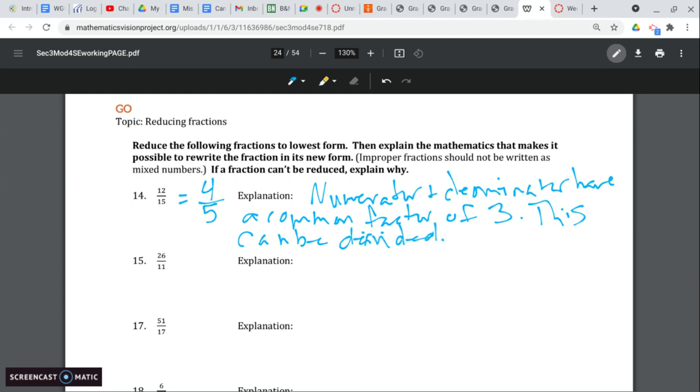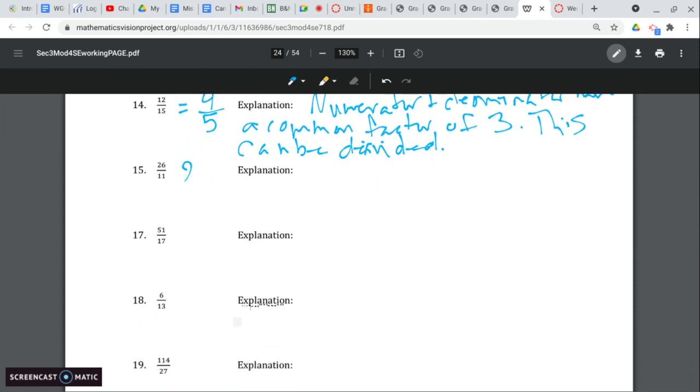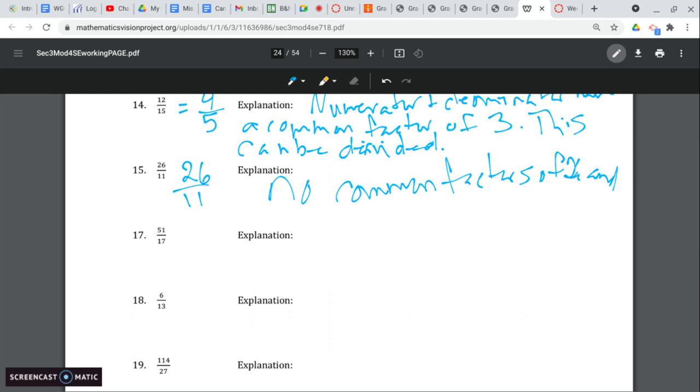So same idea for the rest of these. You're just trying to find the common factor. So some of them may not have it. So 26/11 is simplest form. No common factors of 26 and 11. So going through and figuring those out, okay?